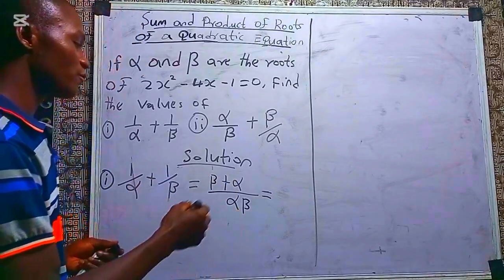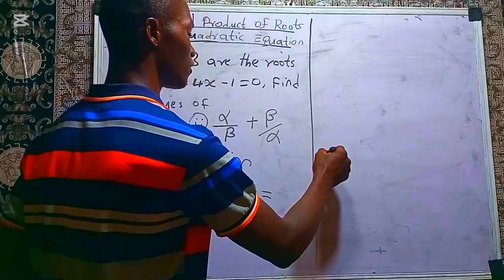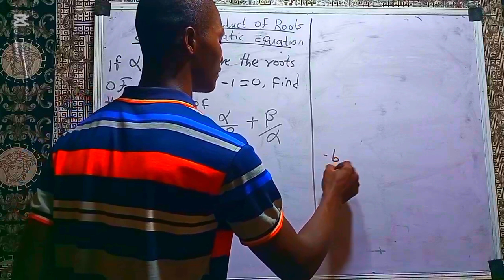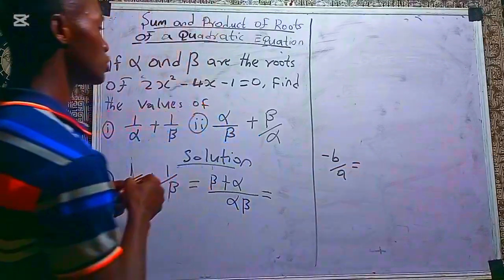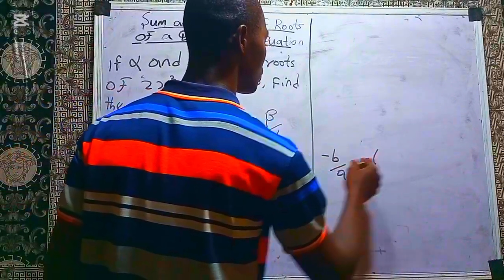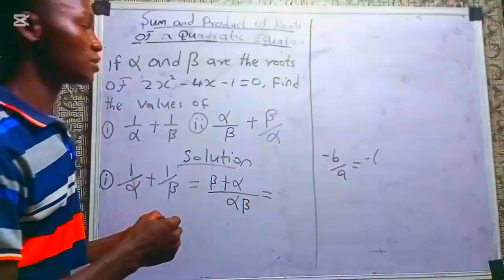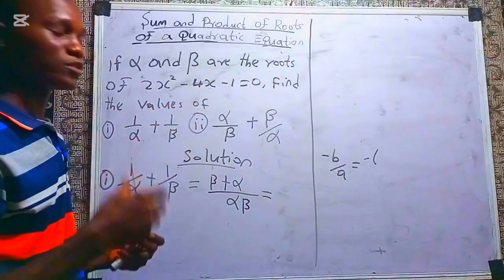So I gave you a formula for finding the sum of roots of a given quadratic equation. The sum of the roots is negative b divided by a. So if you come to this question, you will now be having negative into, let's find our b. Our b is the coefficient of x. The coefficient of x is always your b.